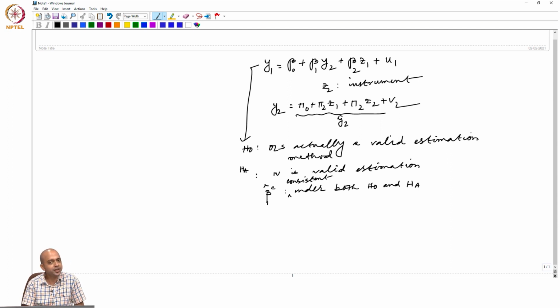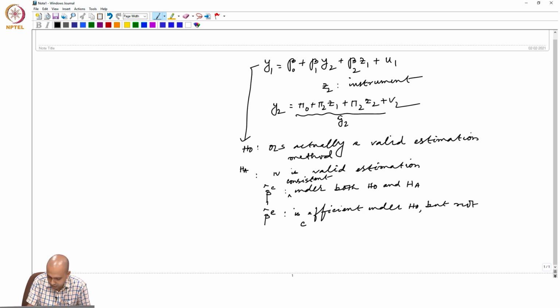under both H naught and H A, right. And beta hat E, the efficiency property, is efficient under H naught, but not consistent when the null is not true.